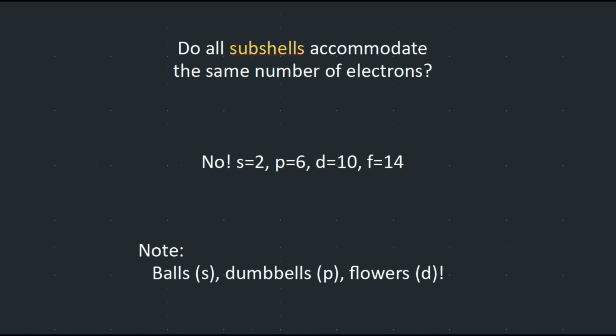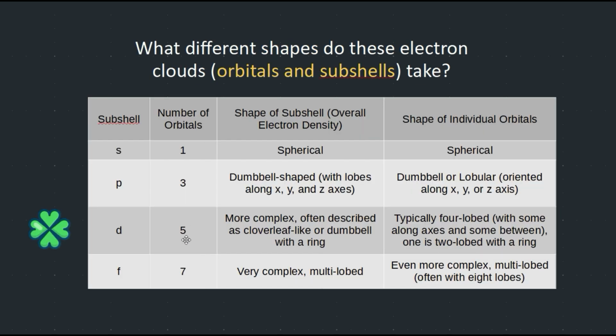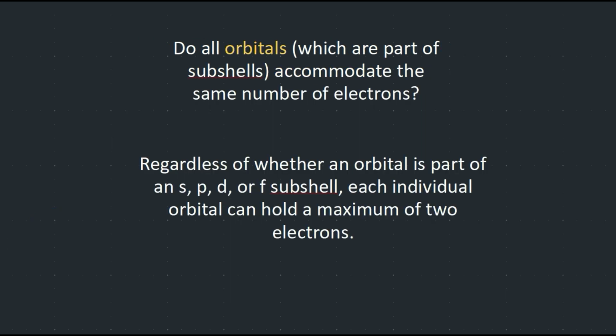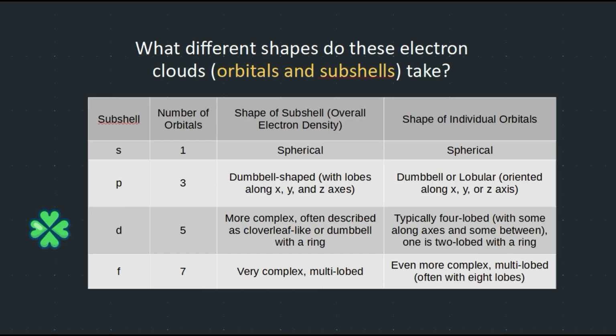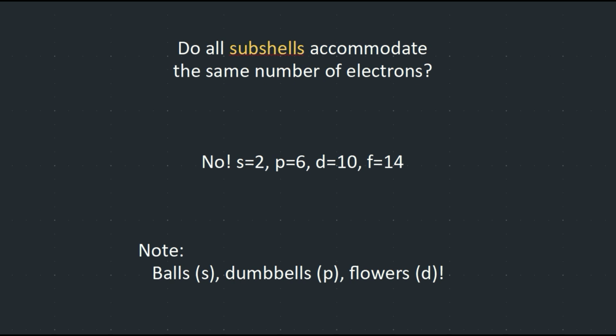D accommodates 10 and F accommodates 14. And this is related to this set of values 1, 3, 5, 7. If you multiply this with 2, you will get this set of numbers: 2, 6, 10, 14.